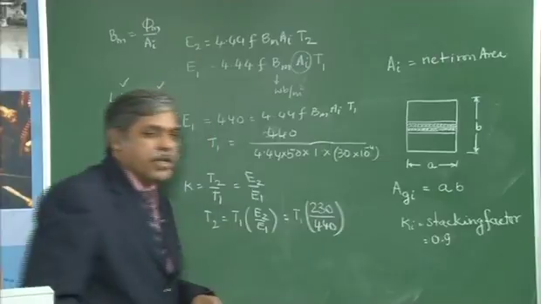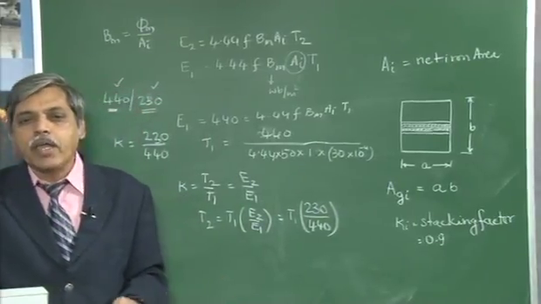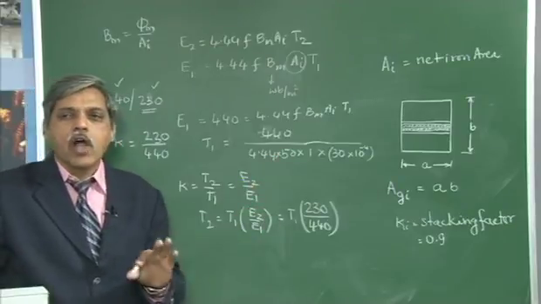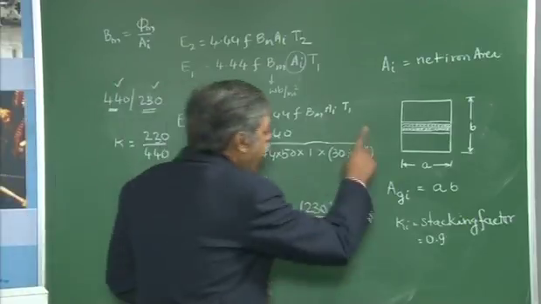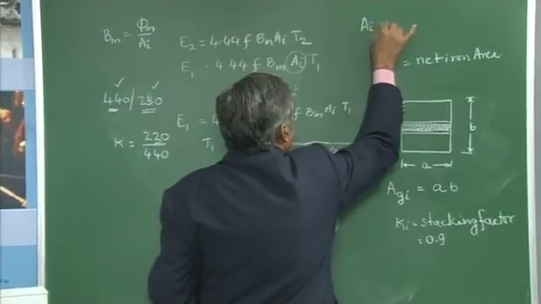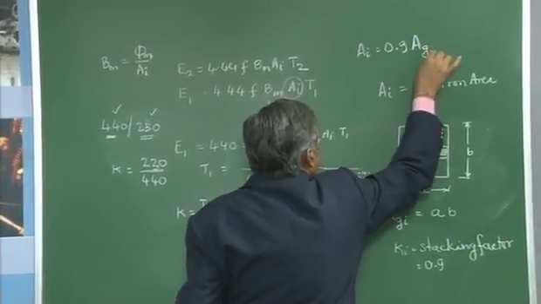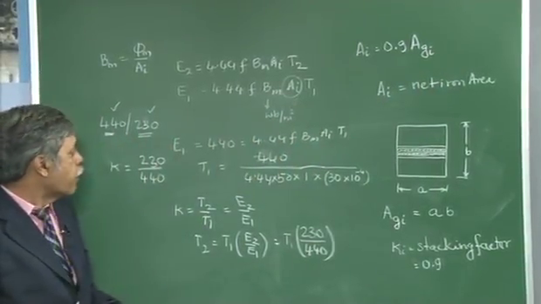That means 10% of the core area is occupied by the varnish coating, and 90% of the gross area is occupied by iron. So, the relationship between AGI and Ai is: net area Ai will be 0.9 times the gross area AGI. Okay. So, this is the relationship.